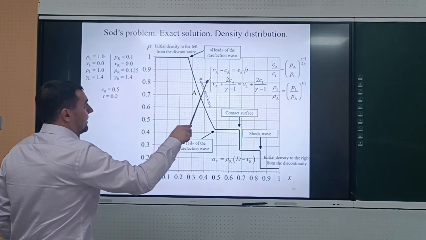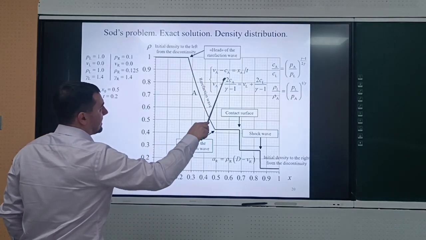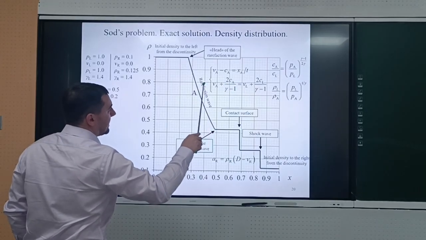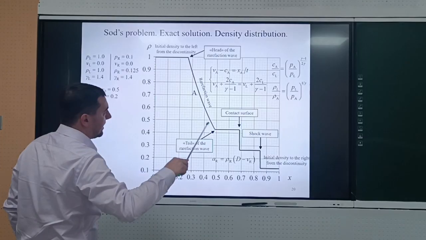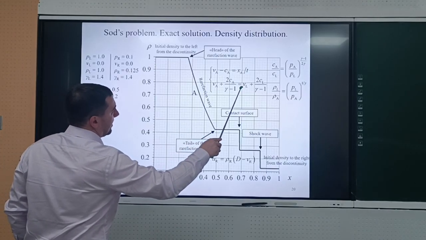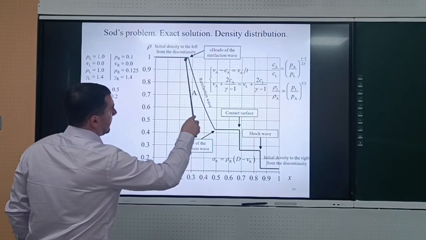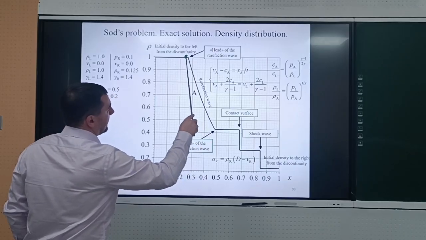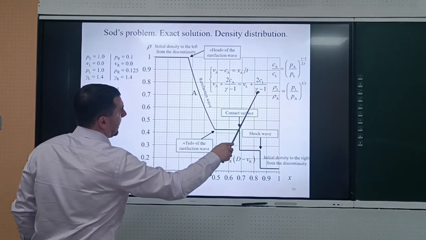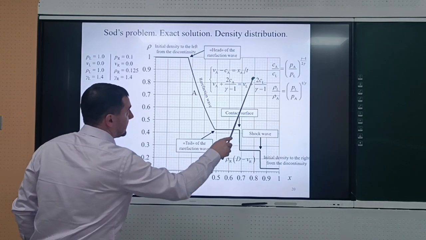For this point, Va plus 2Ca over gamma minus 1 is constant in this wave. It means that it is equal to this expression for the head of the rarefaction wave, so we should take VL plus 2CL over gamma minus 1. We know this VL and CL.